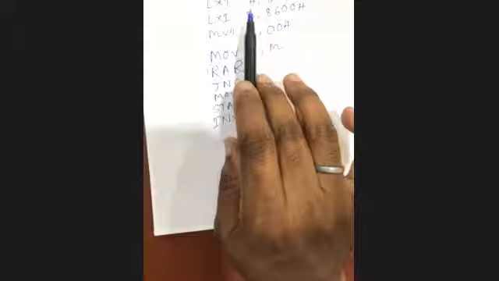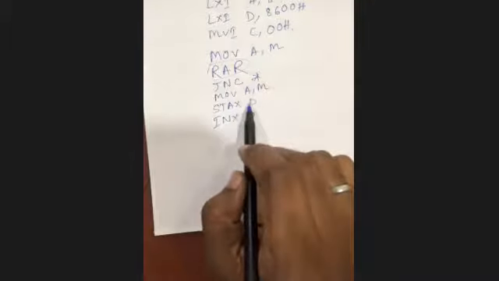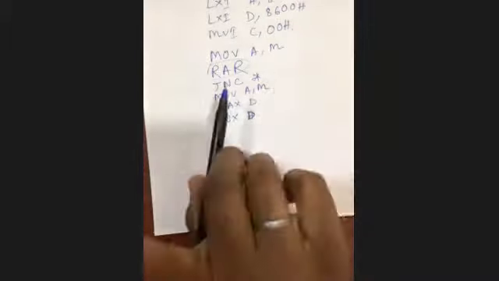The content of DE is nothing but 8601. Previously it was 8600, now it is 8601. So again if we do STAX D, the content of the accumulator will be stored in 8601, not in 8600.